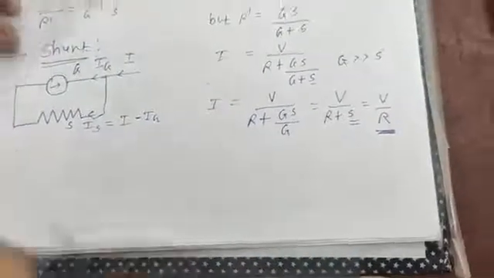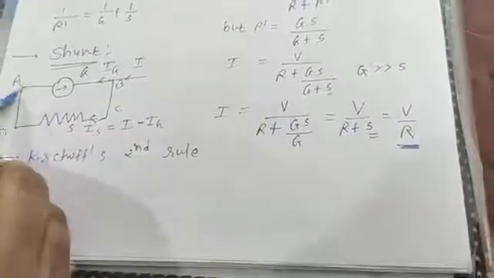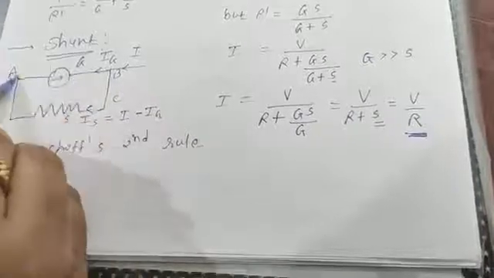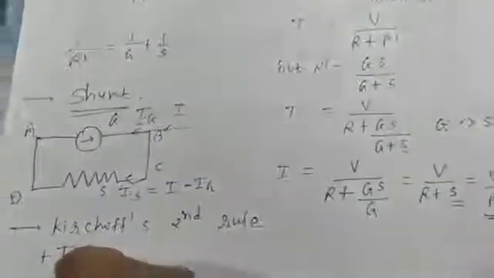Okay, now apply, suppose it is A, B, C, D. Now apply Kirchhoff's second rule on this loop ABCD. Now what is Kirchhoff's second rule? Suppose we are going in this direction, then this Ig is in the reverse direction, so Ig will be plus, so plus IgG.